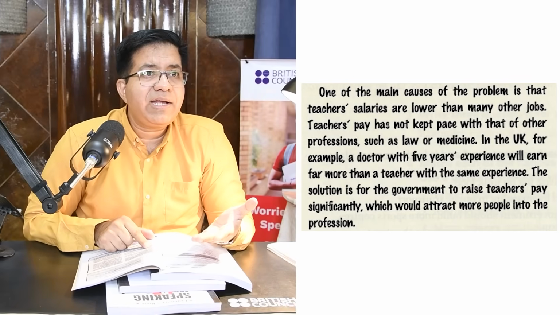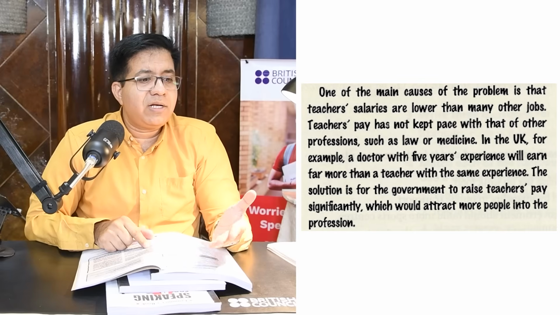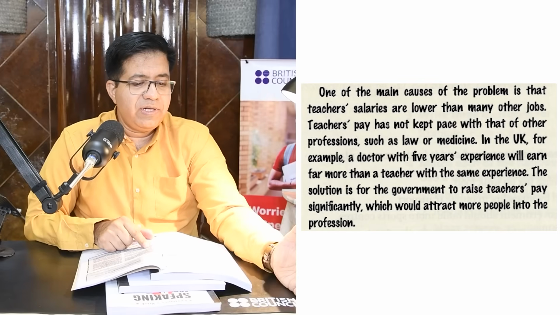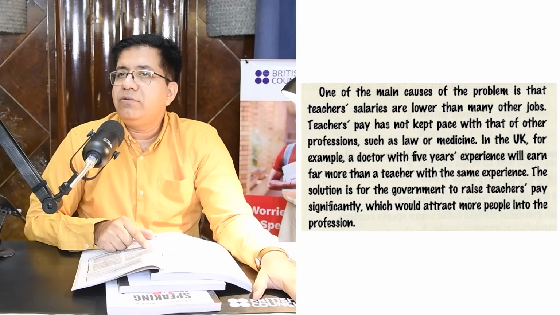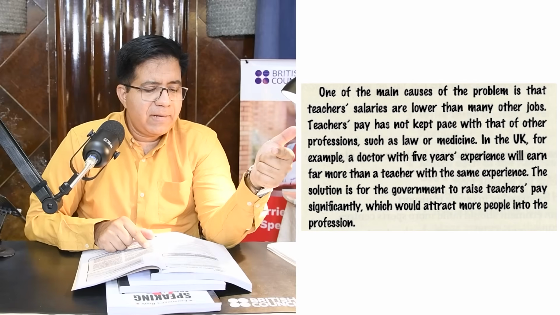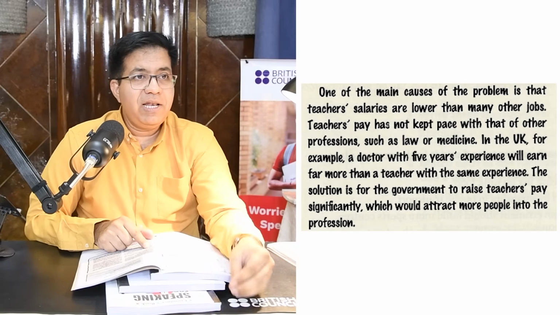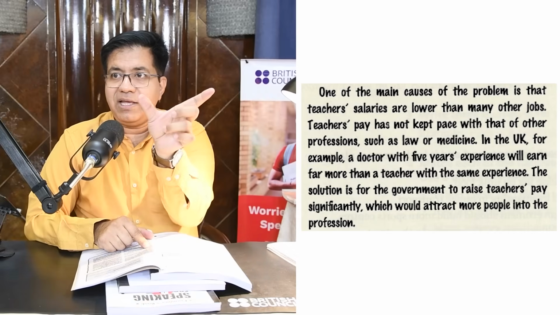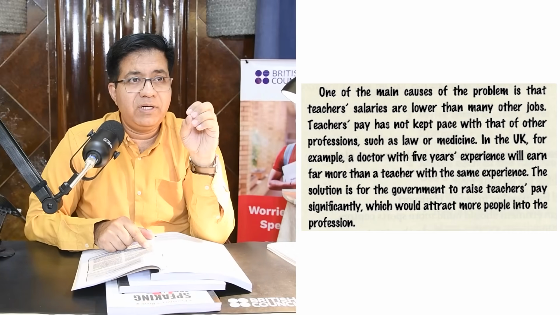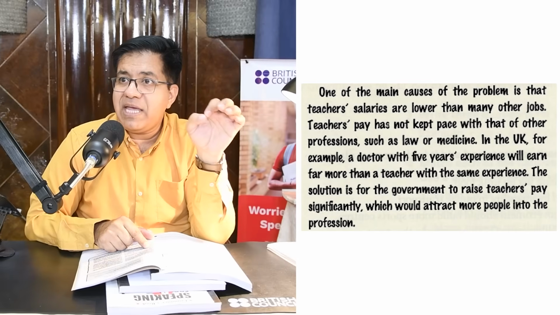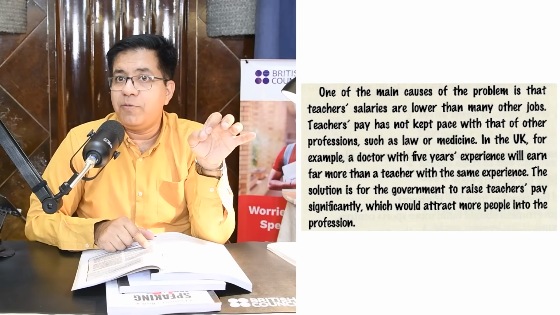You can say "according to," who's that computer guy? Bill Gates, right? "According to Bill Gates," and then you write Bill Gates' statement. Or you write any idiomatic expression or proverb. All these things must be avoided if you want to get a good band score.